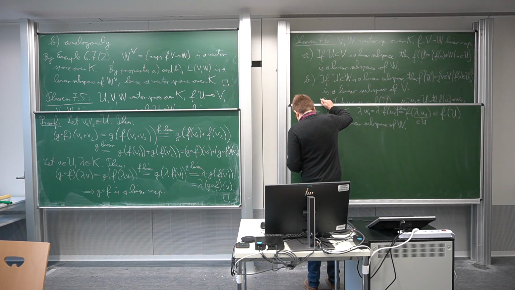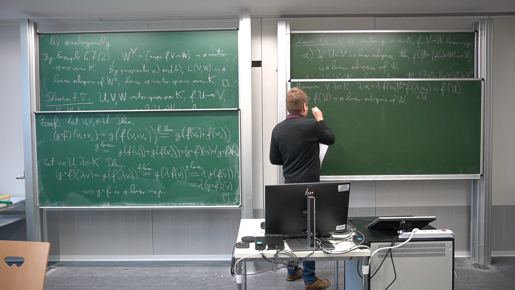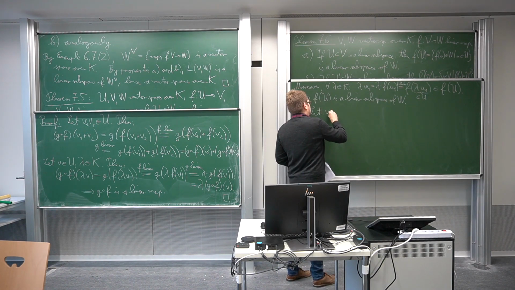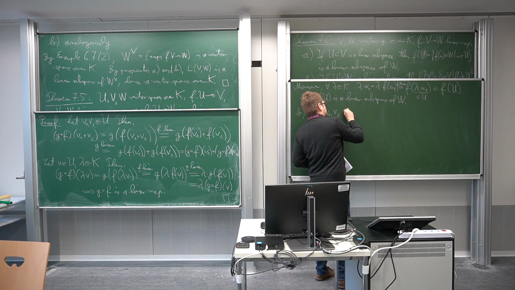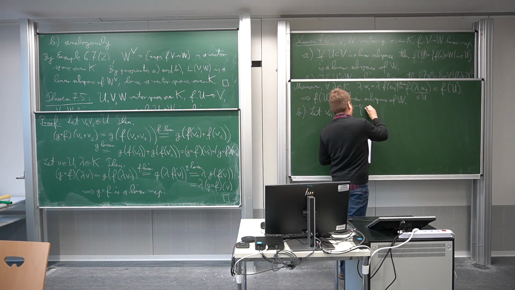Okay, now for the other direction. It's basically the same proof. So we take v1 and v2 in the pre-image of U prime.